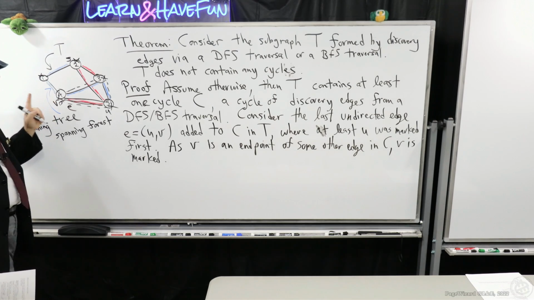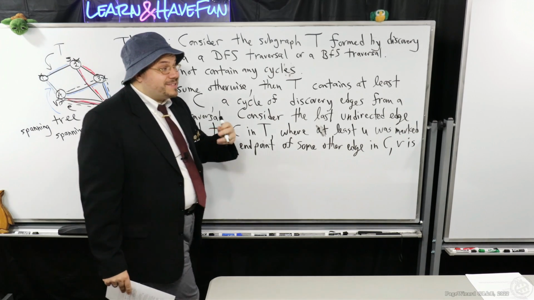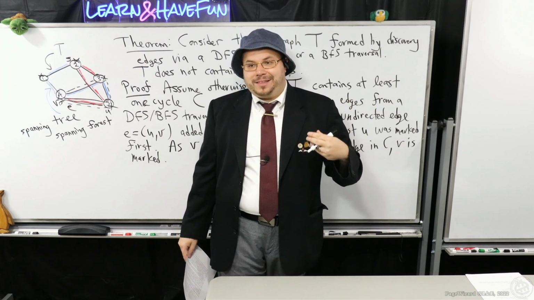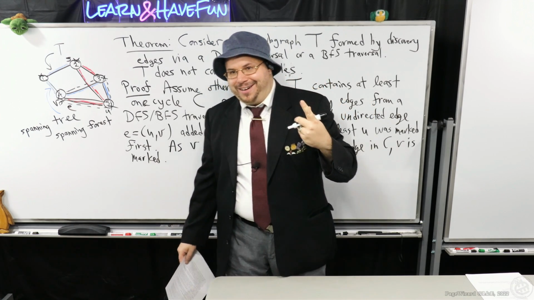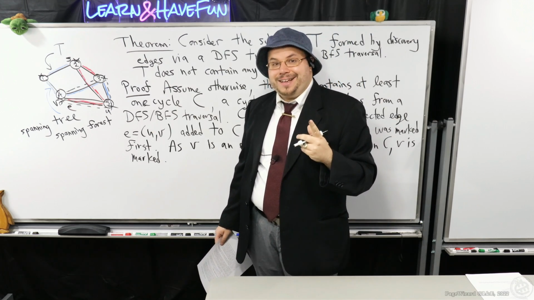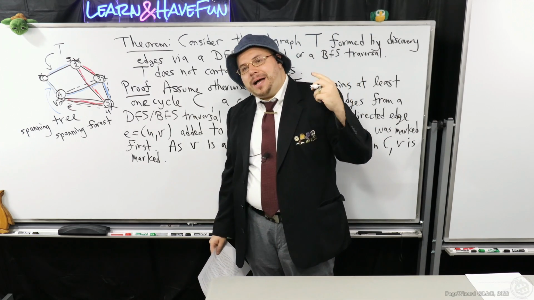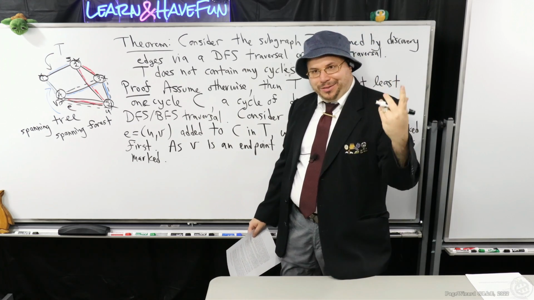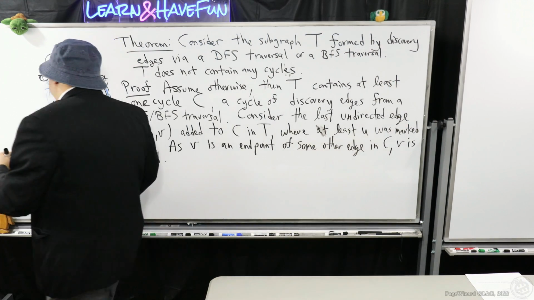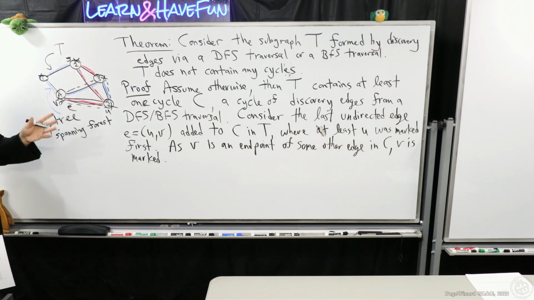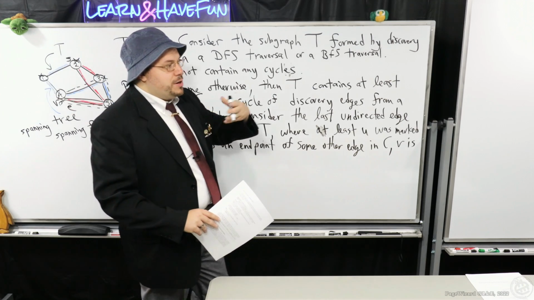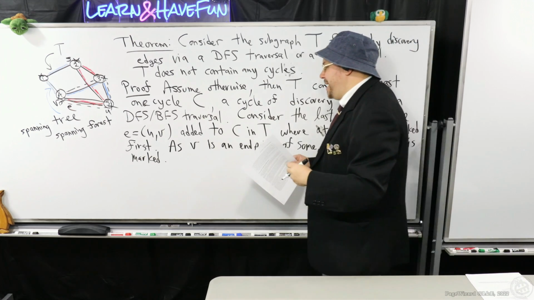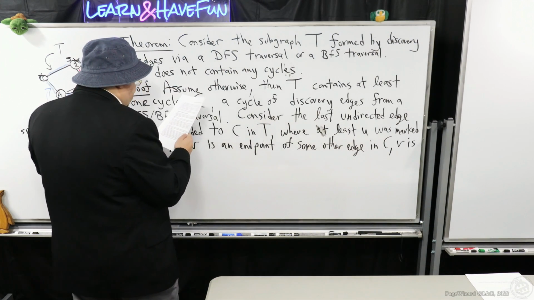But remember, V is already marked, because this is the last edge I add to the cycle. That means that there's at least one other edge out there that comprises the cycle, meaning that there was some other point previously in the algorithm's execution that had to have marked the other endpoint. Do you see where we're going here? Because if you remember the algorithms for DFS and BFS, you would know exactly where we're going with this. So watch this carefully. Now we know that V is in fact marked.